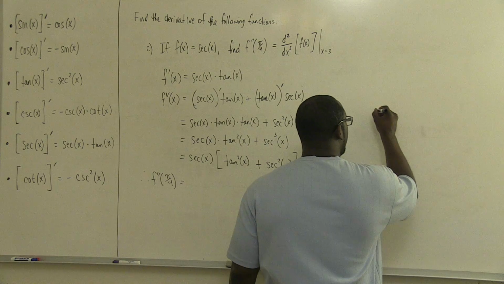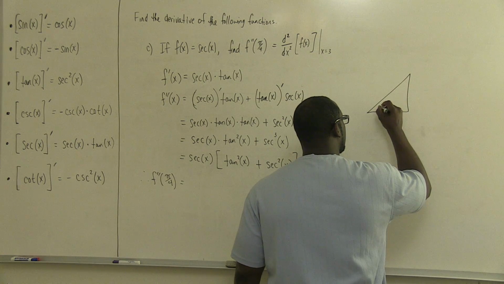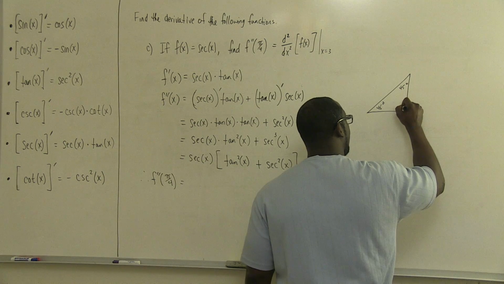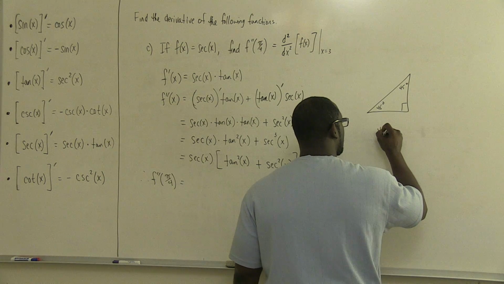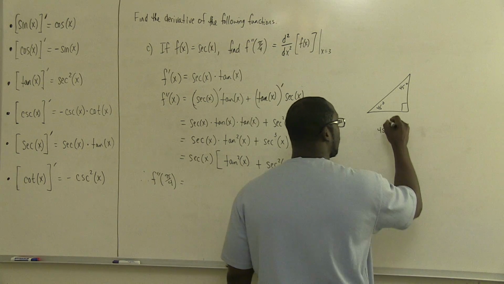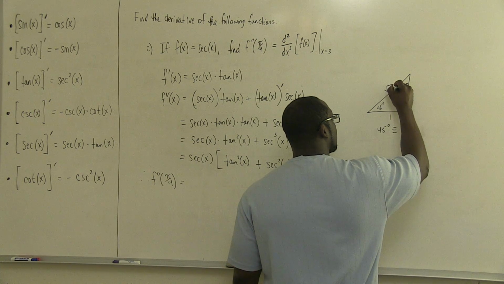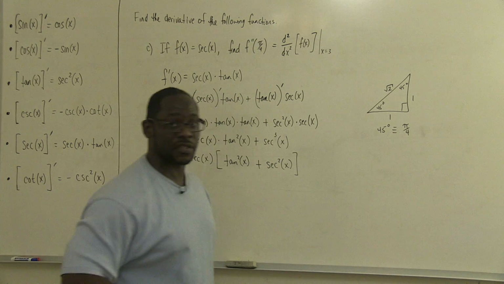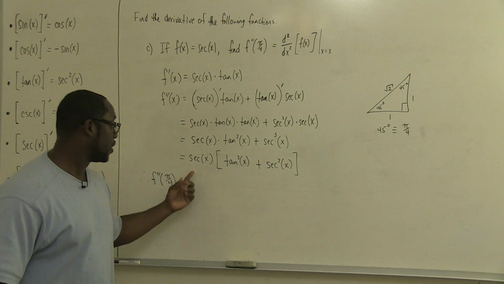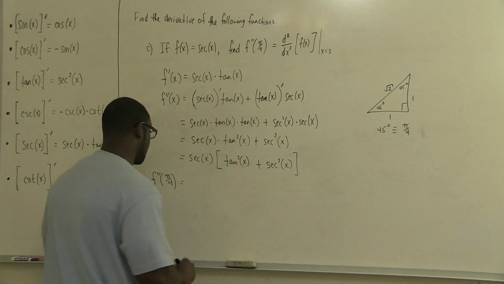So I'll also go ahead and write the 45, 45, 90 triangle. And of course we know 45 degrees is the same as pi over 4. And here's the relationships in between the sides. So this will help us quickly be able to identify what all this will be.